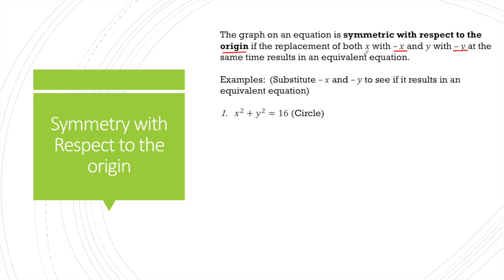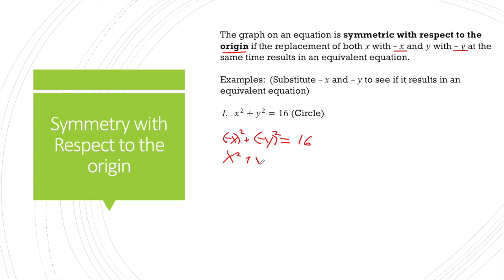So I'm going to plug in negative x for x, and I'm going to plug in negative y for y, and I'm going to go ahead and simplify this, right? So let's go ahead. Negative x squared, that's going to be negative x times negative x. That gives me a positive x squared, plus I've got negative y squared.